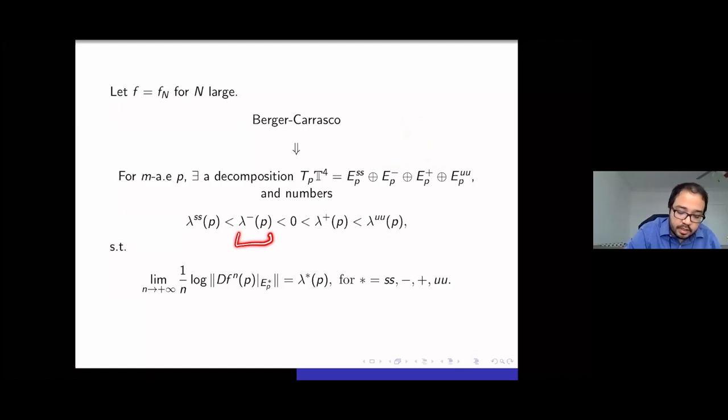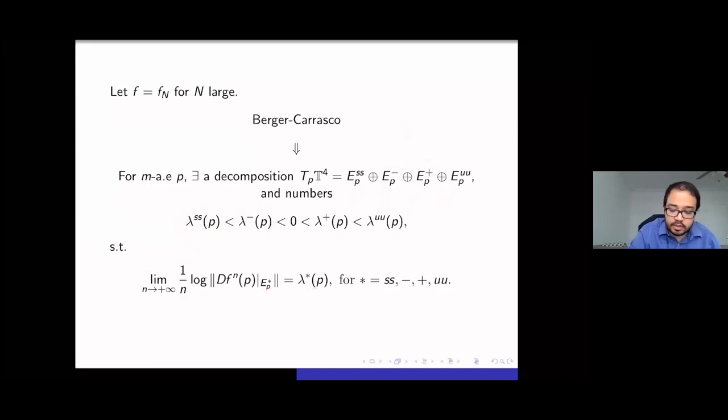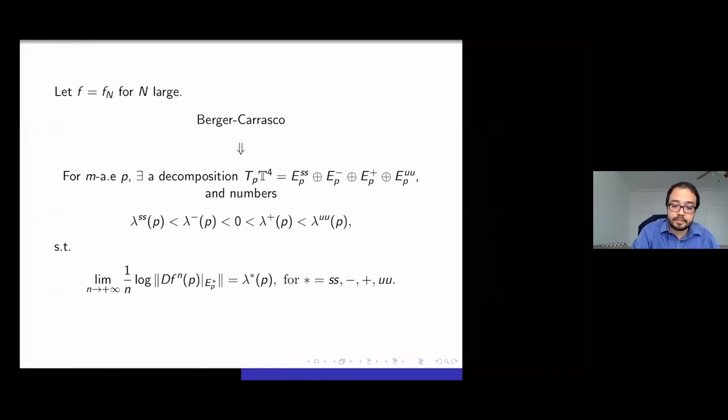And you have numbers: two negative numbers, two positive numbers, such that if you look at the asymptotic growth in each of these directions, you are going to see these numbers. This is compiled in this equation here. If you look at this limit in each of these bundles, you get the Lyapunov exponent. Okay, so this is what you get from Bejer-Carrasco's example together with Oseledets' theorem.